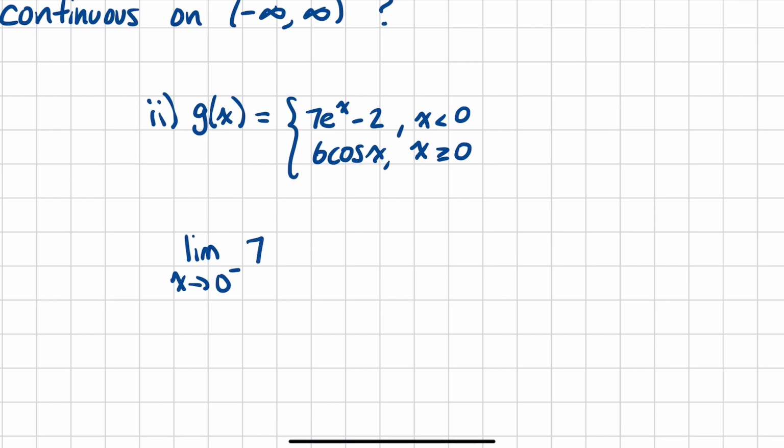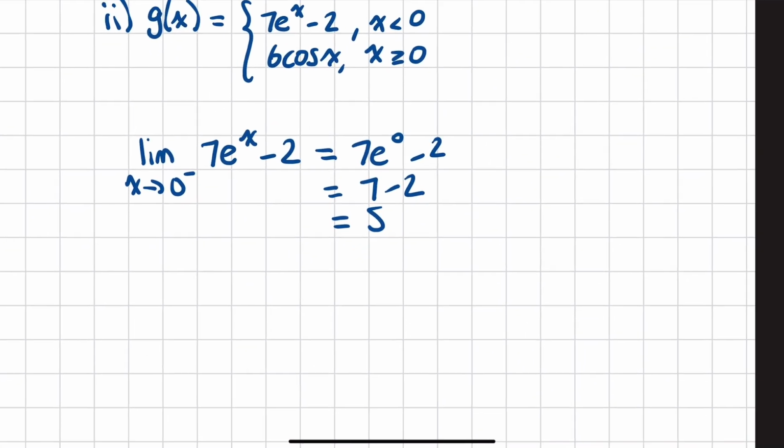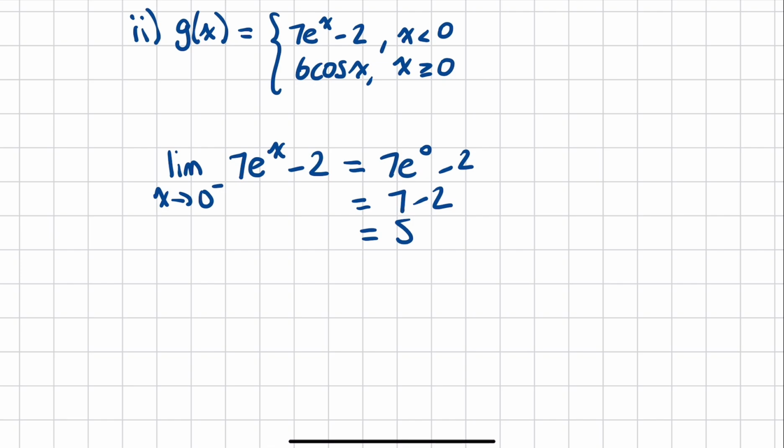And so all we have to do is now plug in x equals 0 and see what happens. And then e to the 0 is just 1, so this gives us 7 minus 2, and this is equal to 5. Now what about g at 0? Well, g at 0 is going to be 6 multiplied by cos of 0.